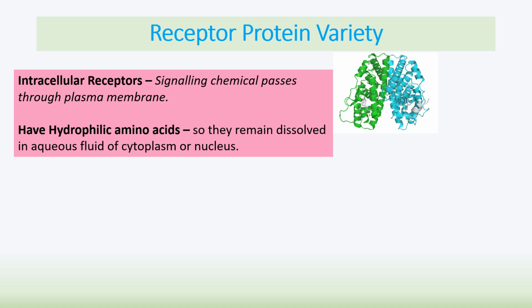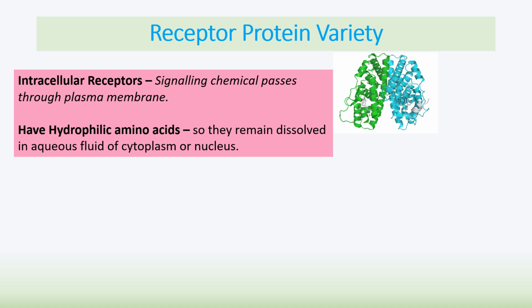So when we need to start looking at the types of receptors, it is important to know that there are different types of receptors in the cell. In cells where lipid hormones can get through into the cell, we have intracellular receptors. These are protein receptors that are found inside the cell cytoplasm.